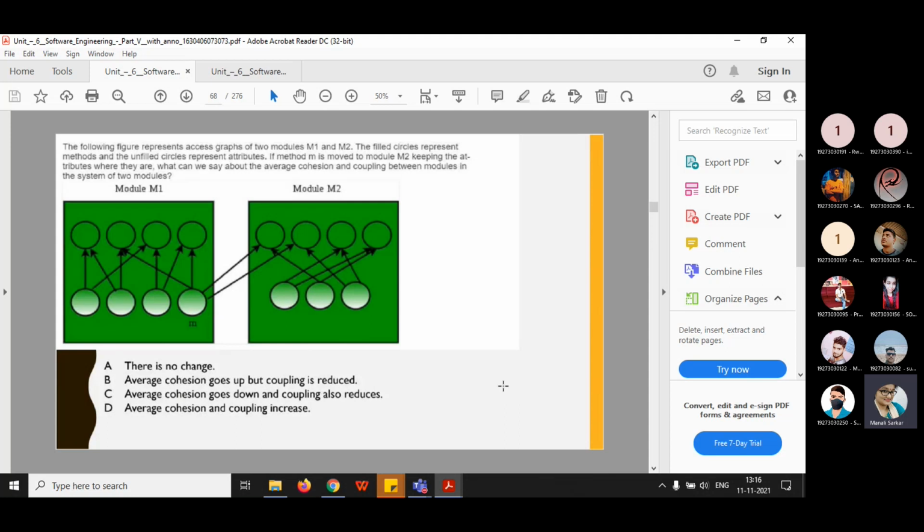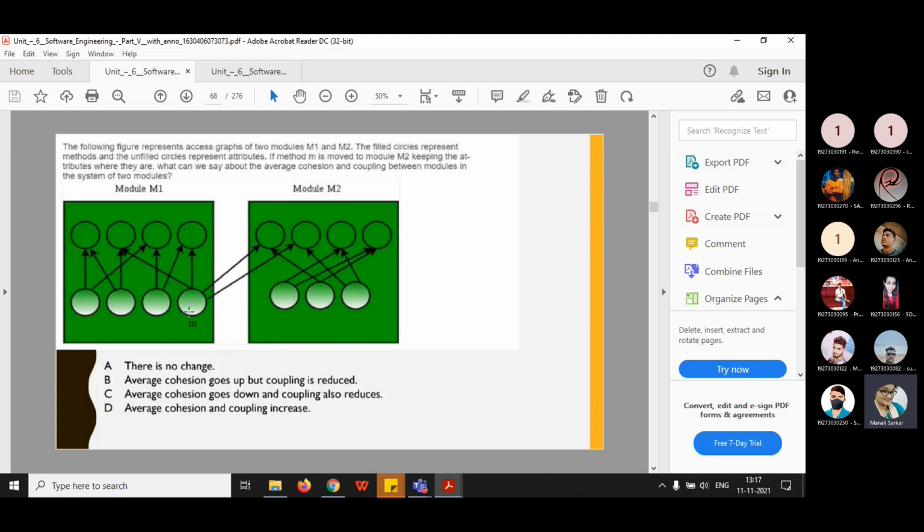If method M is moved to module M2, see here you have module M1 and this is module M2. In module M1 there are four circles in the upper part and four in the lower part. Now the circle named M moves to module M2, which earlier had four circles in the upper part and three in the lower part.